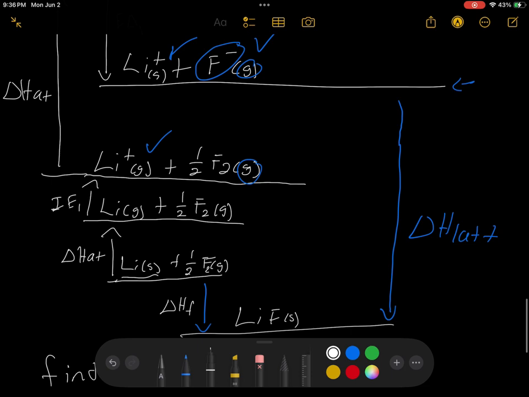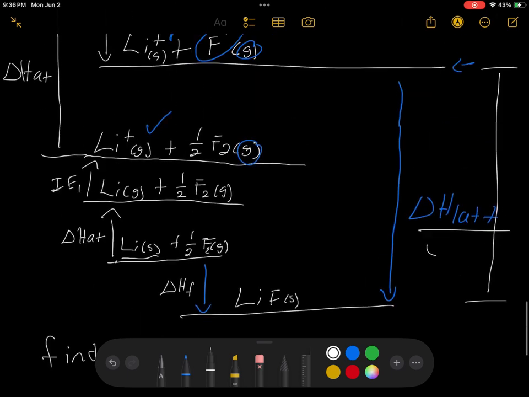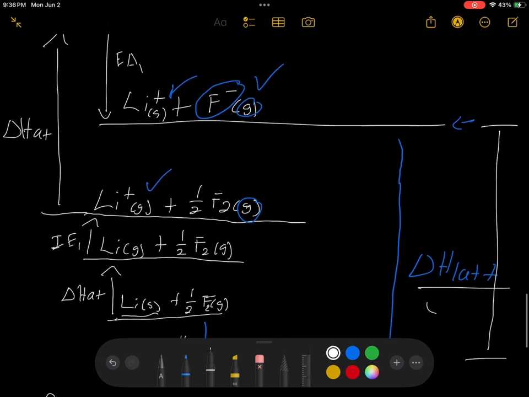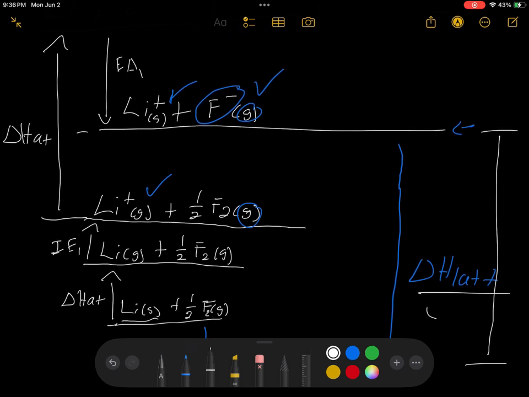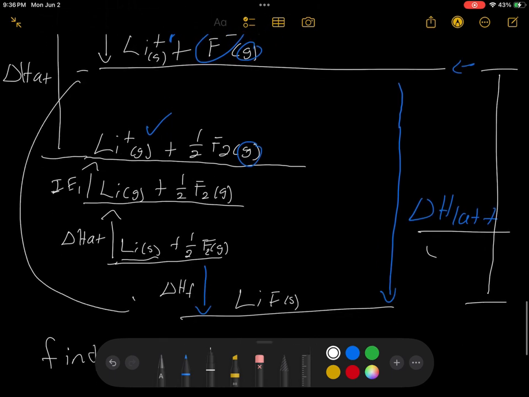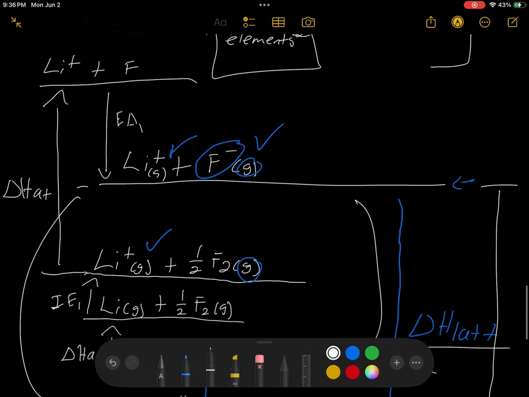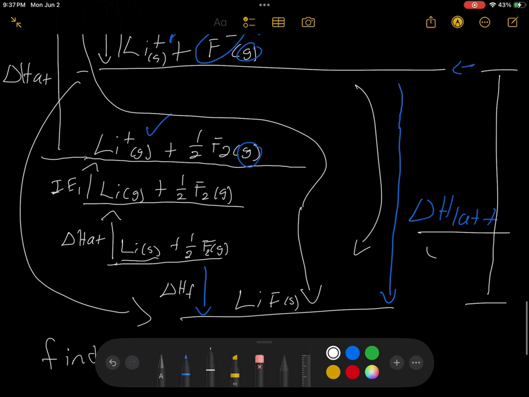Basically, I know that going from this platform to this platform has some change in energy, which in this case happens to be delta H lat. But I also know that I can go from this platform down to this platform. Instead of taking this path on the right side, I can take this path on the left side that goes all wonky like this, right?